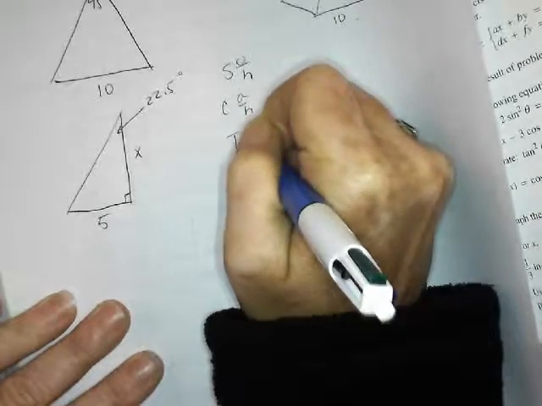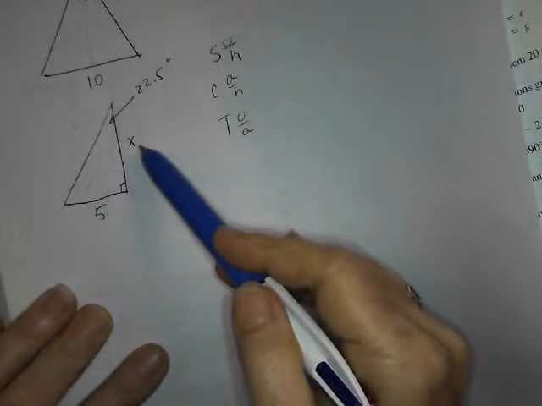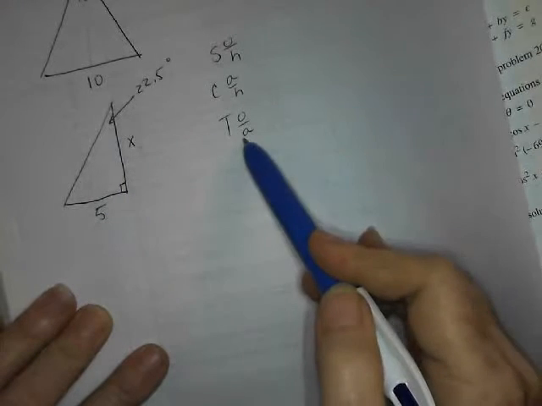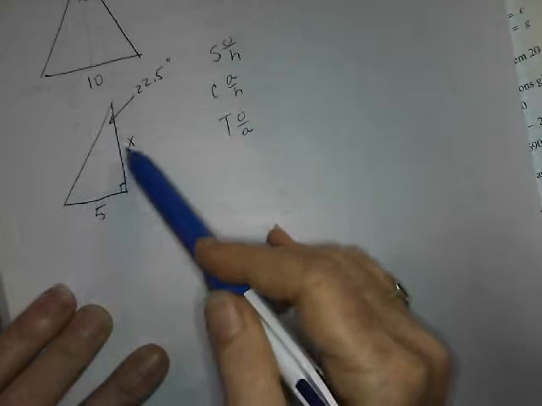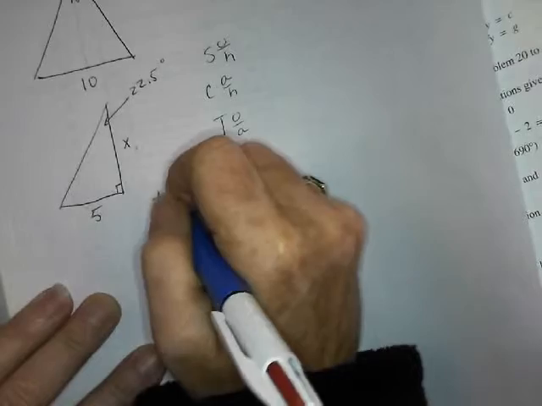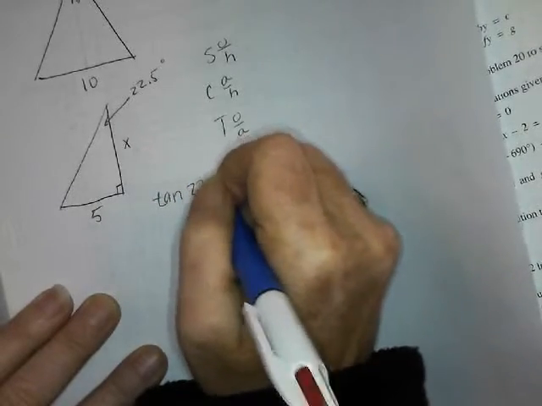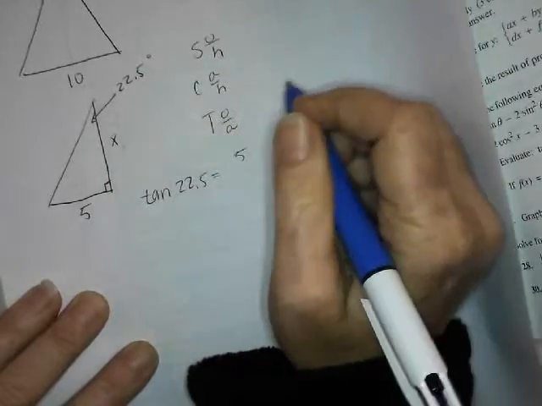Which SOHCAHTOA would be appropriate? I have adjacent and opposite. I think I'm going to use tangent. So tangent of 22.5, tangent is opposite, which is 5, over adjacent, which is x.